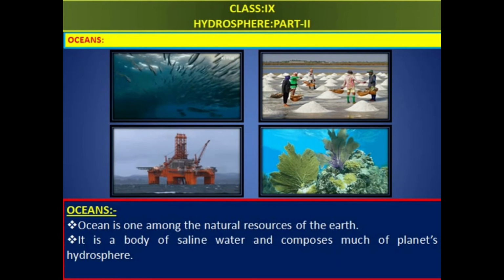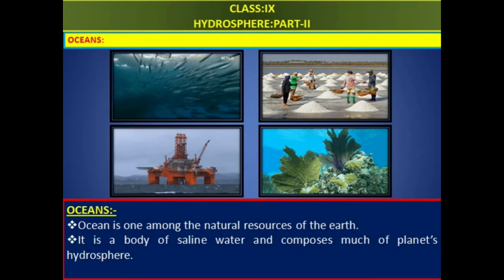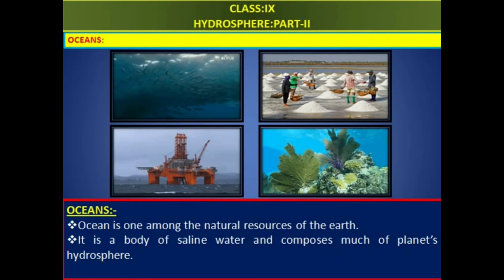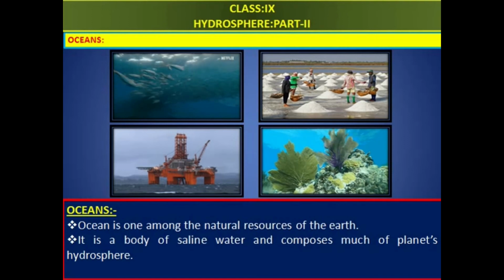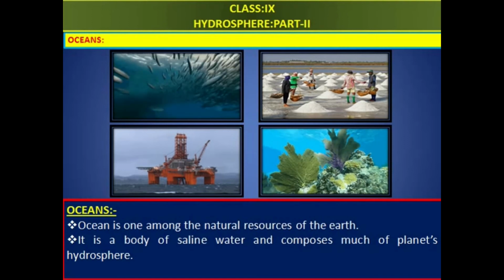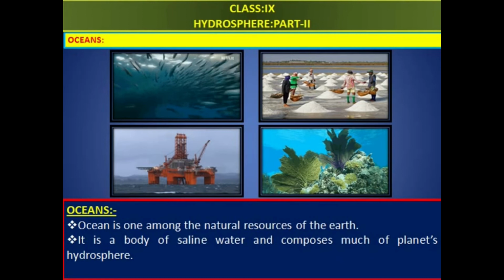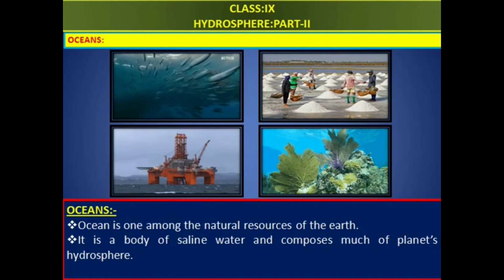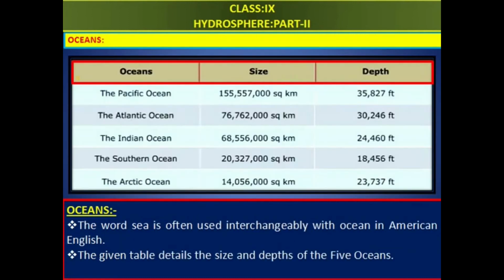Ocean is one among the natural resources of the earth. It is a body of saline water and composes much of the planet's hydrosphere. The word sea is often used interchangeably with ocean in American English. The given table details the size and depths of the 5 oceans.